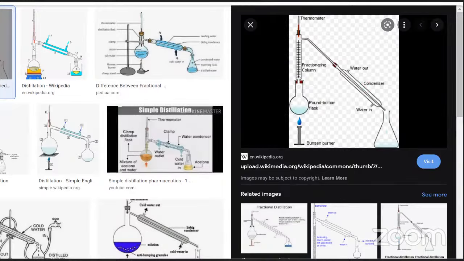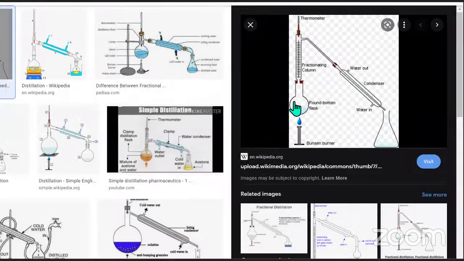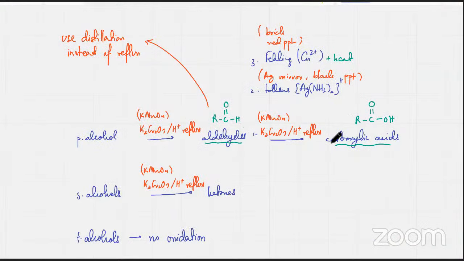So in that case, the reaction will stop at aldehydes, because as soon as the aldehydes are produced, they will evaporate, and you can collect the aldehyde in the other conical flask and separate it from the rest of the mixture. So the aldehyde will be saved from getting oxidized to carboxylic acid. So if you want to stop at aldehydes, you use distillation instead of reflux.